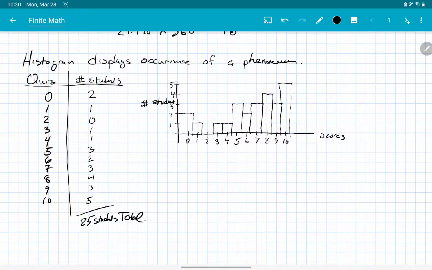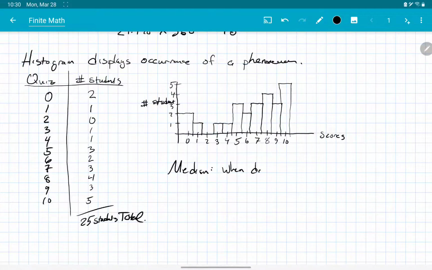Okay. Now, oftentimes when we have a data set, there's special numbers we want to know about the data set, which I'm sure you're aware of. One of the most important ones is something called the median. The median of a data set is as follows.